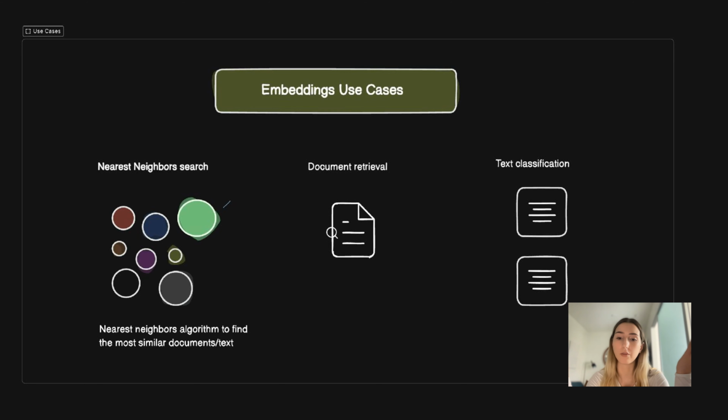For example, you can use deep neural networks. Once you have a new document, you compute its embedding and then use this trained classifier to predict its category. So should it go to the main inbox, should it be marked important, and other categories.